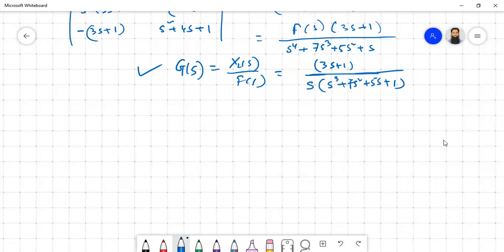In the next lecture, we'll be trying to see article 2.6, the rotational mechanical system transfer function. Okay, see you in the next class, inshallah.